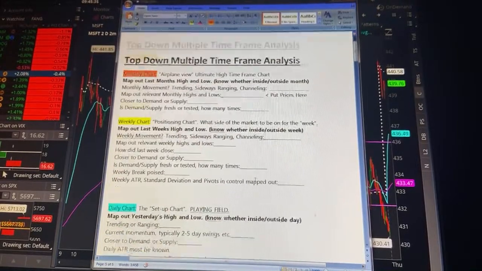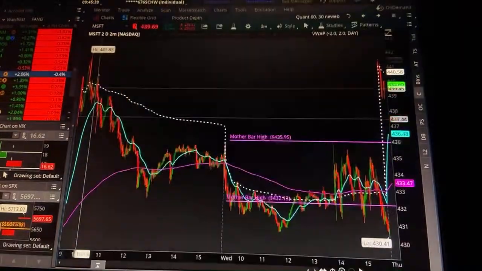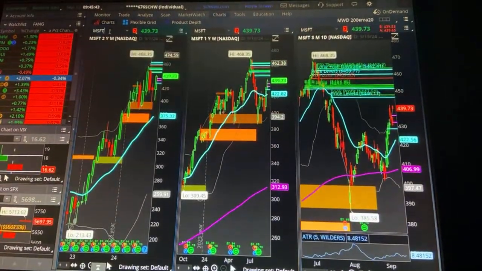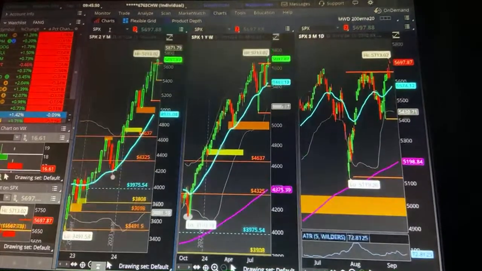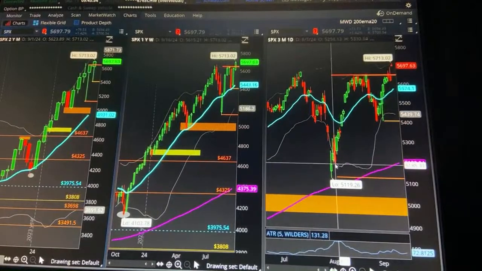So for example, let's say we have a strong monthly. I'll give you live here, I'll just use SPX as an example. Strong monthly, weekly, even daily uptrend here.